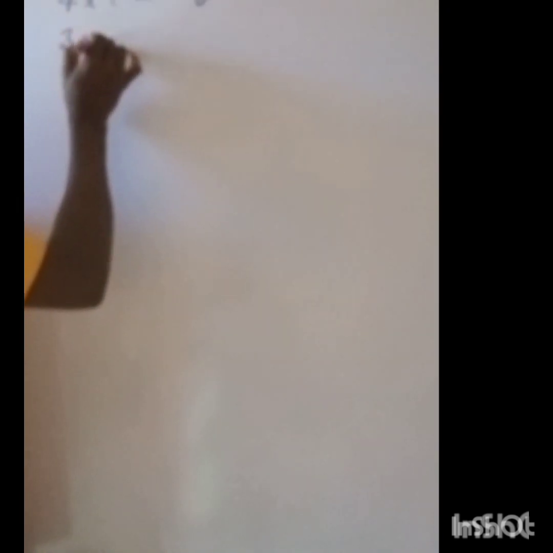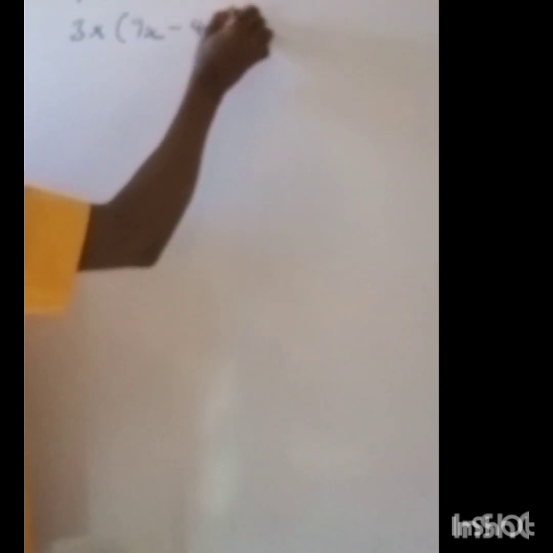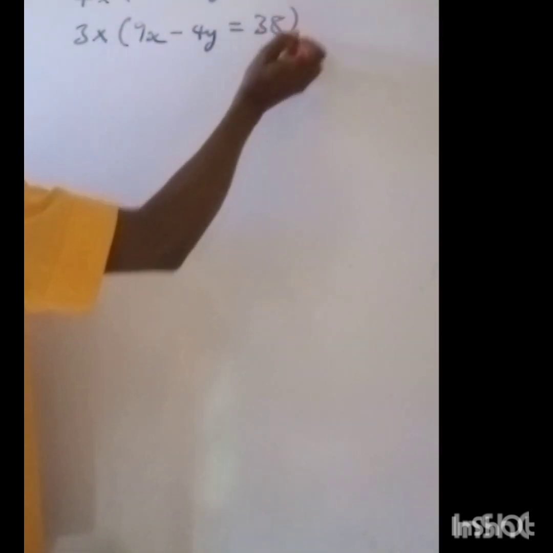So we'll have 3 times 9x minus 4y equals 38.